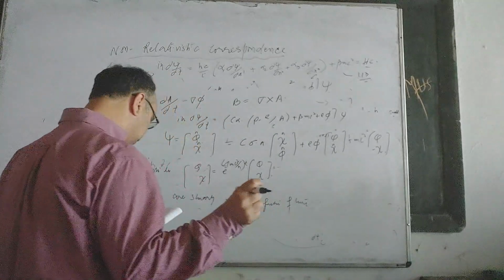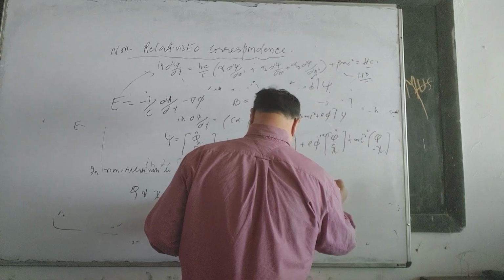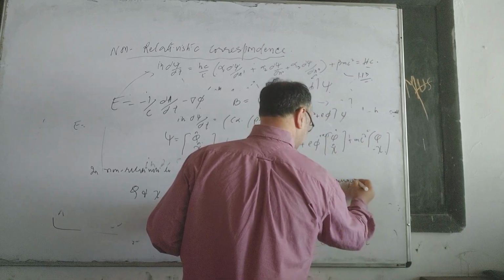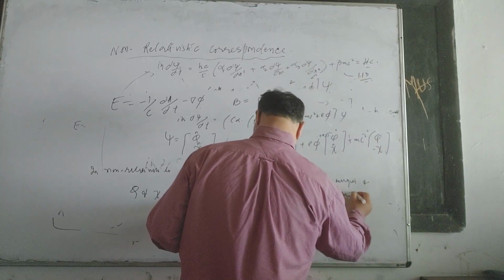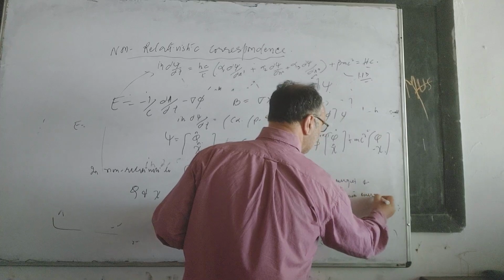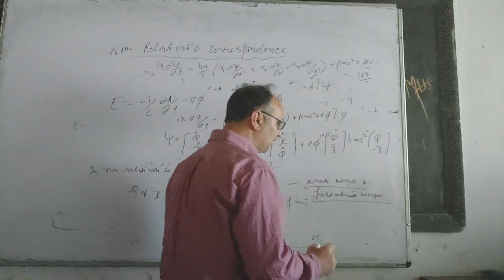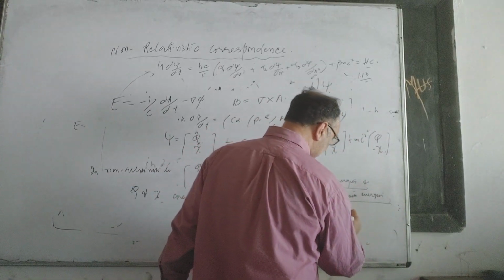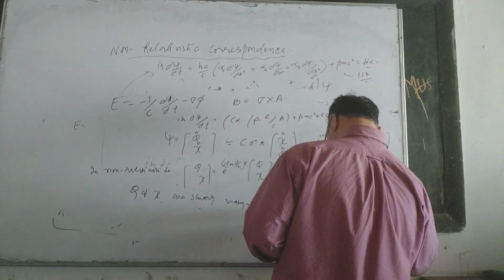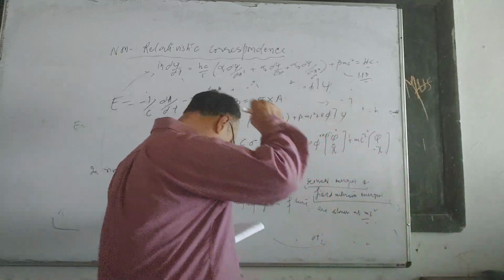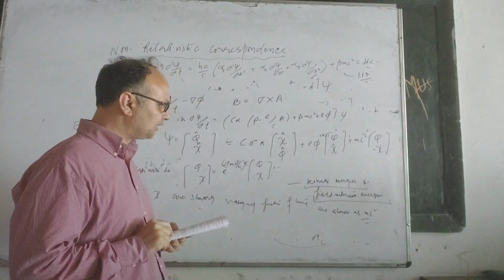So we can say for a small interaction, we assume kinetic energies and field interaction energies are small as compared to mc square. Okay. For lower energies we are taking this into consideration.